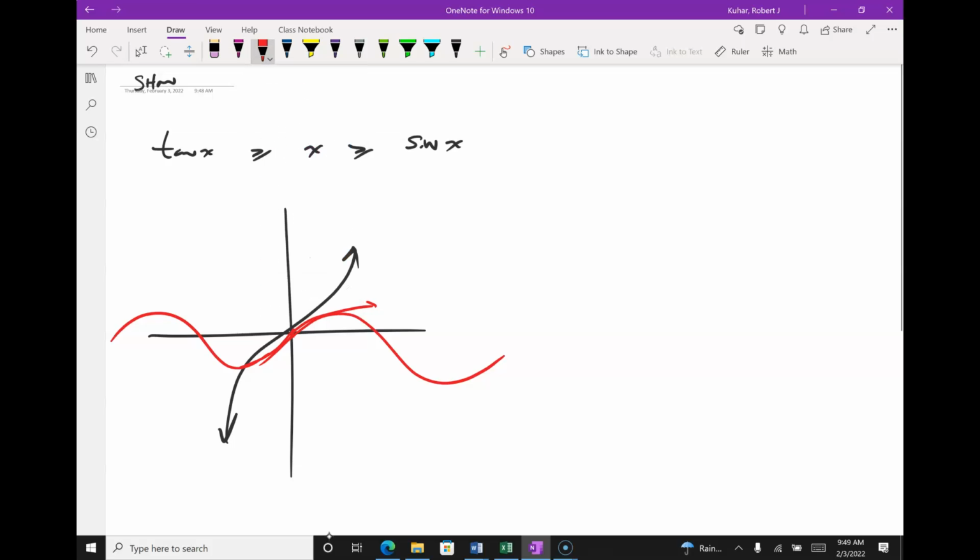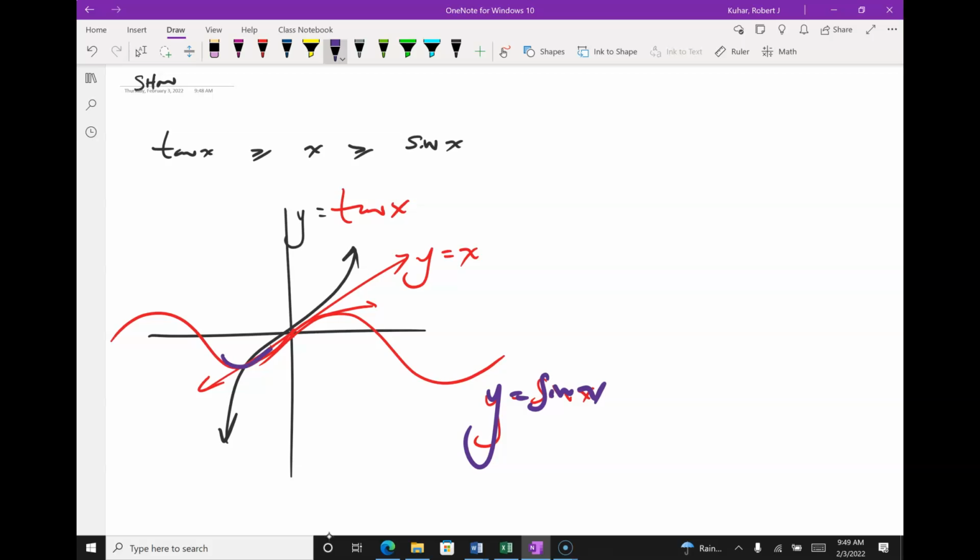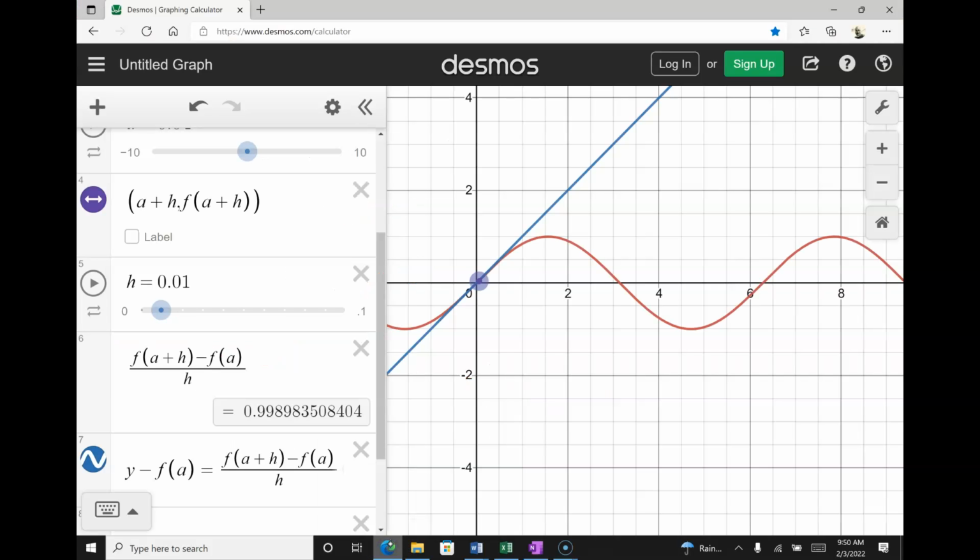And guess what's right in between? y equals x. No, you get the idea. I already put it on Desmos, so forgive me, I should be a little more precise, but I'm too lazy.